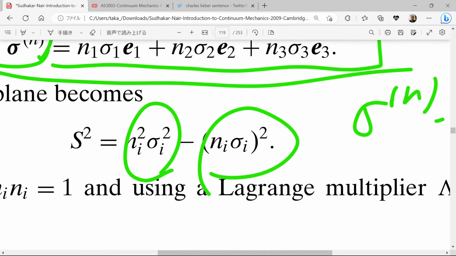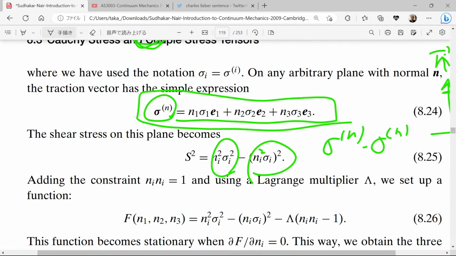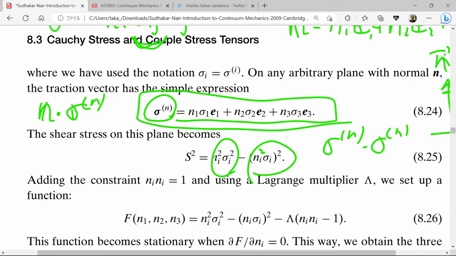Isn't this like this square, and dotted with sigma n? So we have to consider n dotted with sigma n. So this is more or less n1 square sigma 1, n2 square sigma 2, n3 square sigma 3, right?